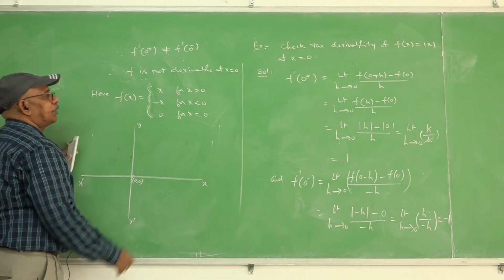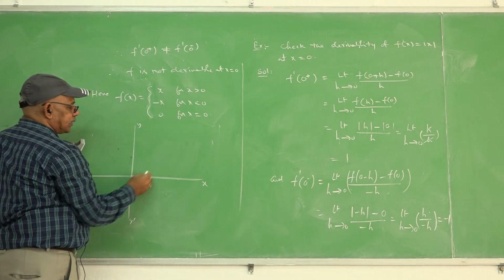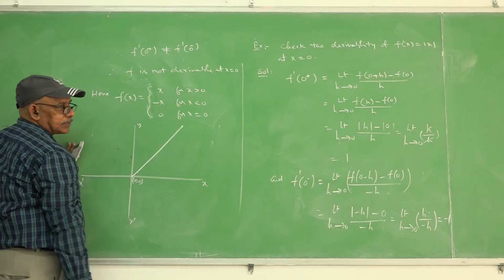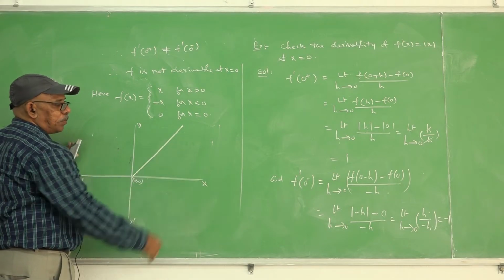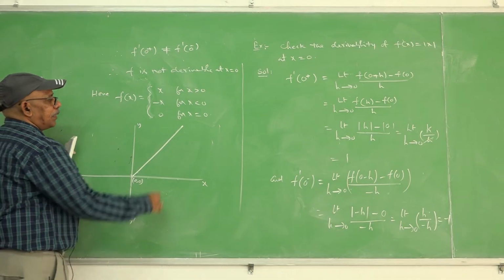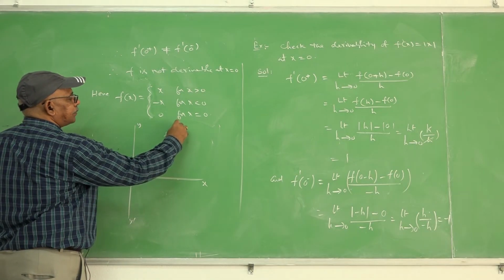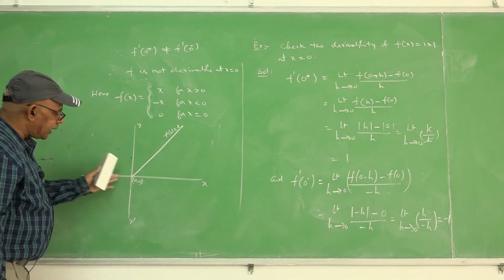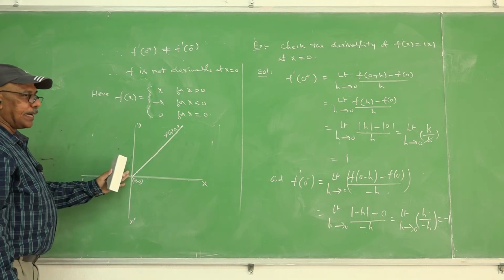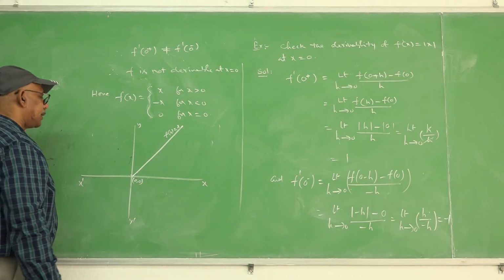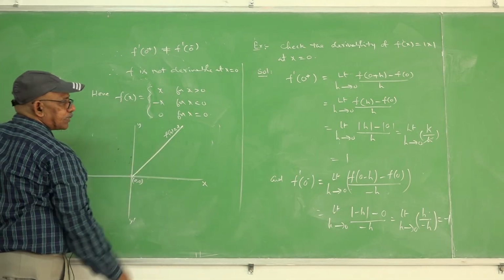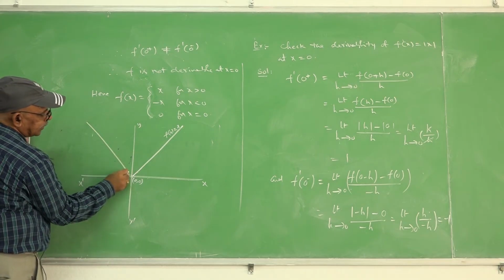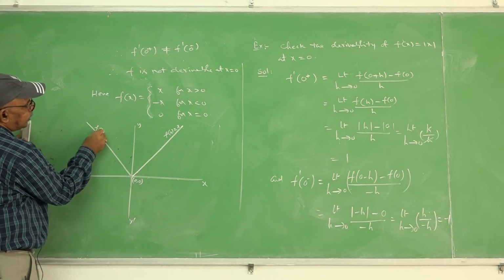Corresponding f x is x itself, that means y equal to x, the line which makes 45 degrees angle with the positive direction of the x axis. For x being negative, that means minus 1, minus 2, minus 3, f x takes the value minus x, and the graph of y equal to minus x is like this.